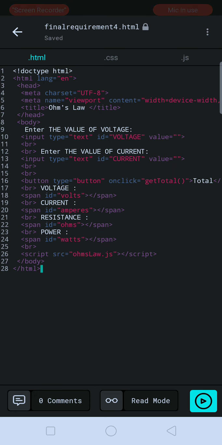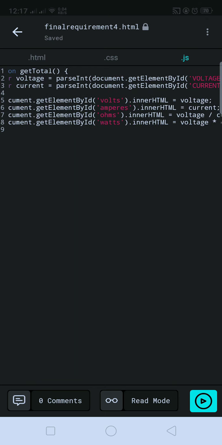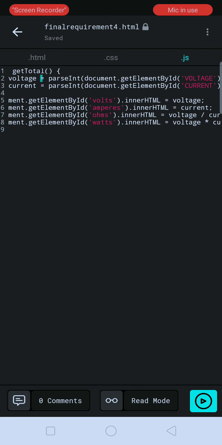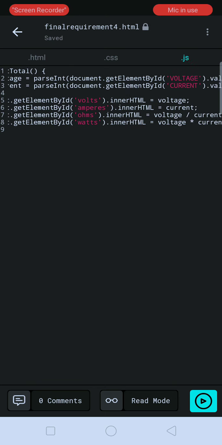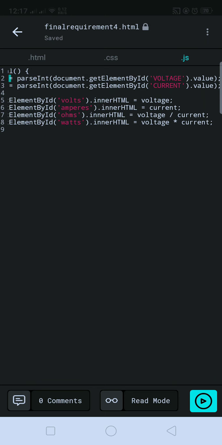Then go to JavaScript. Then function getTotal. Var voltage is equal to parseInt document.getElementById voltage value. Then var current is parseInt document.getElementById current value. Then document.getElementById volts innerHTML is equal to voltage.